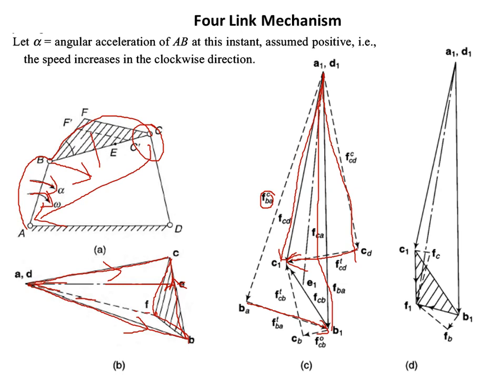Similarly, for the last component, that is B1 C1, you take B1 CB and then CB to C1. Then you get the resultant B1 C1. So for each component, you will be getting 3 lines, and like this you can complete the acceleration diagram.